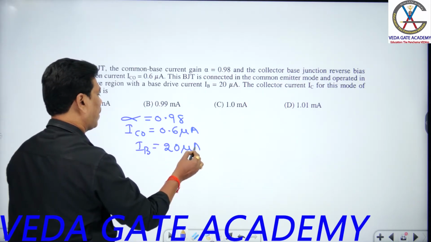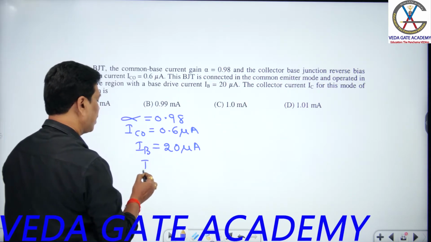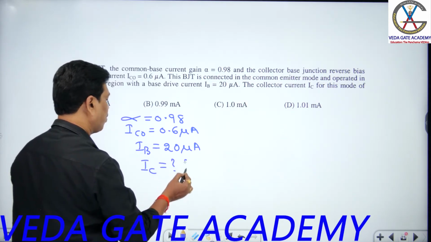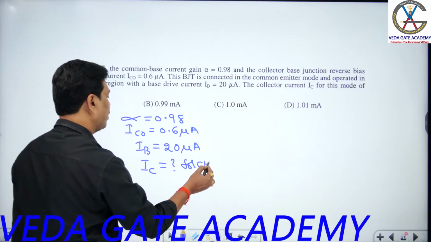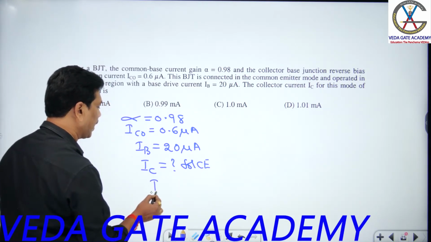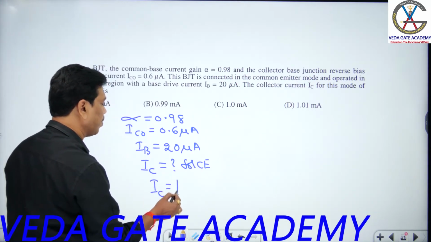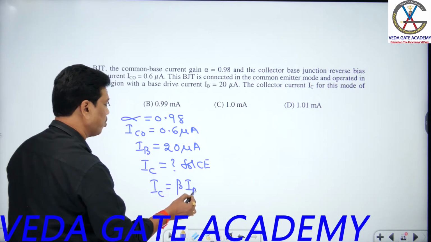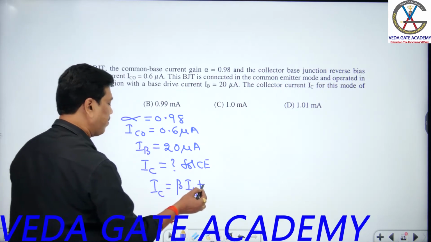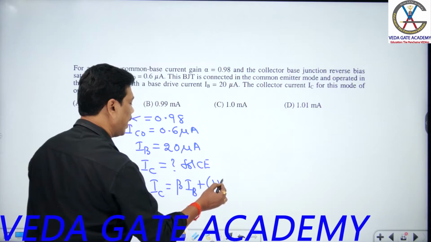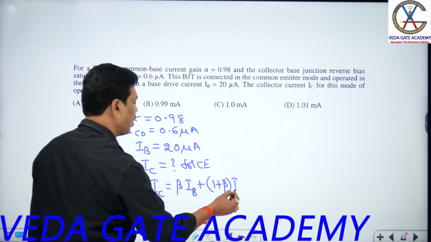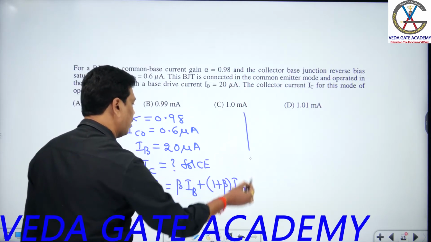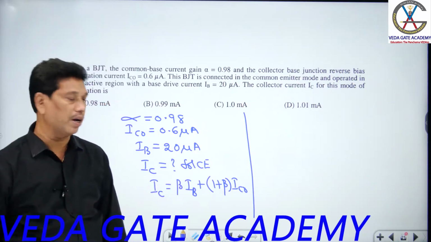We are asked for the collector current. The original formula for collector current in a CE circuit is IC equals beta IB. If the minority current is specified, then the expanded one is IC equals beta IB plus (1 plus beta) times IC0.